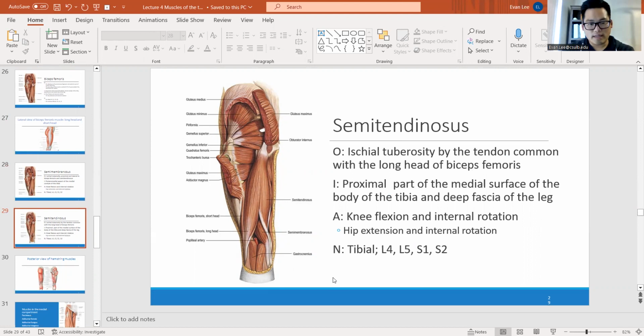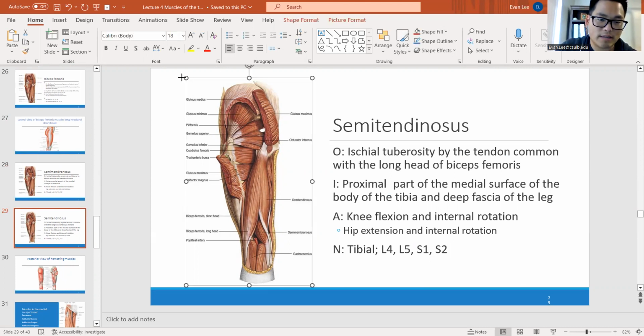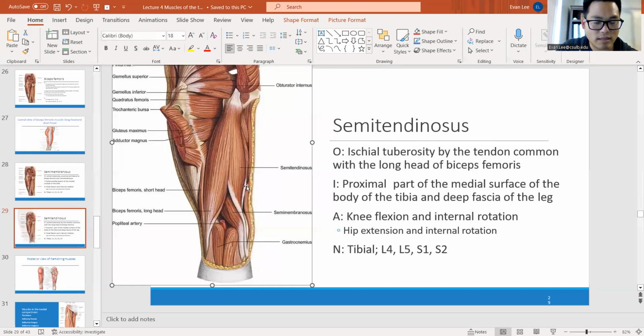Now, semitendinosus is actually right on top of semimembranosus. So this is a little bit hard to see, but while we're at it, let's look at semimembranosus as well. So semitendinosus is this muscle on top, while semimembranosus is this muscle underneath. Semitendinosus is this skinnier muscle, or this muscle with a skinnier long tendon, which is where it gets its name.